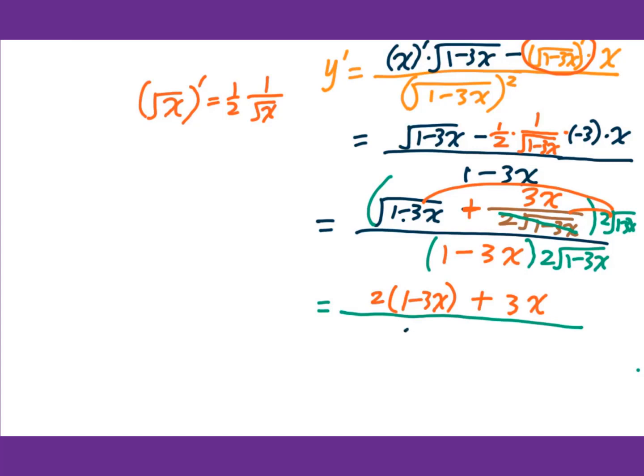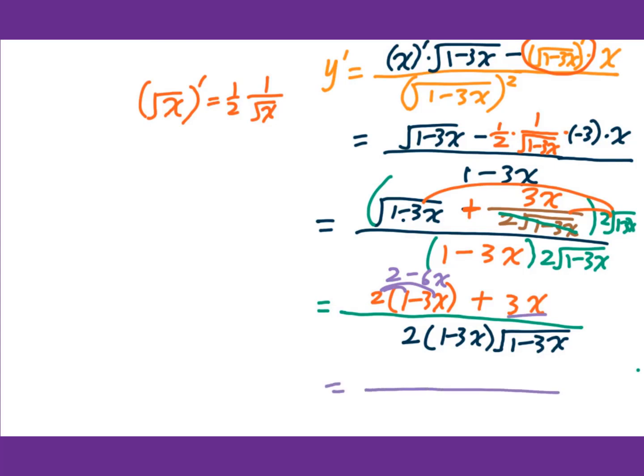For the denominator, 2 times (1 minus 3x), then square root 1 minus 3x. Distributive property here, 2 minus 6x. Then combine like terms, you will get (2 minus 3x) over 2 times (1 minus 3x), then square root 1 minus 3x.